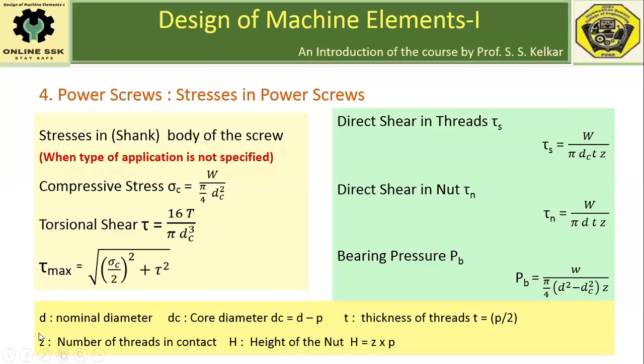Z represents the number of threads in contact, and the height of the nut is given by the number of threads in contact multiplied by the pitch.